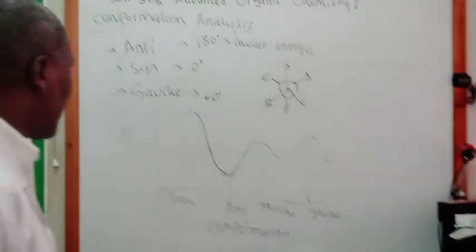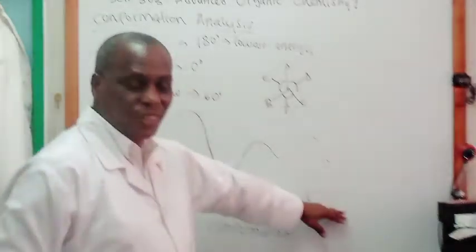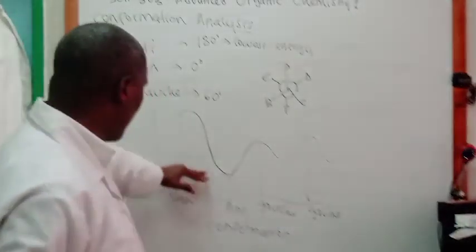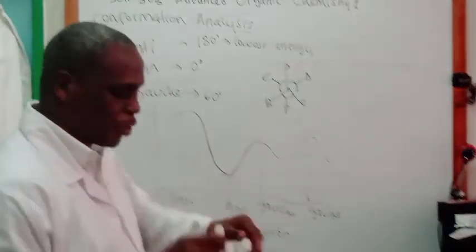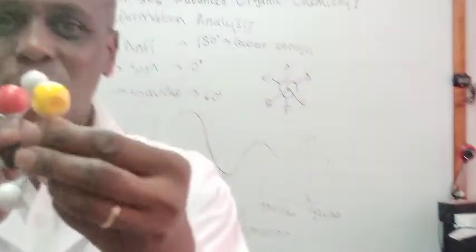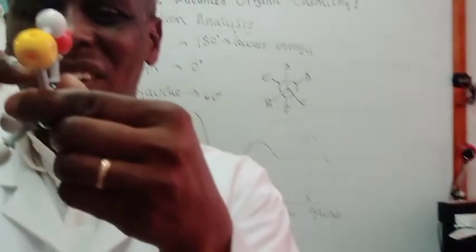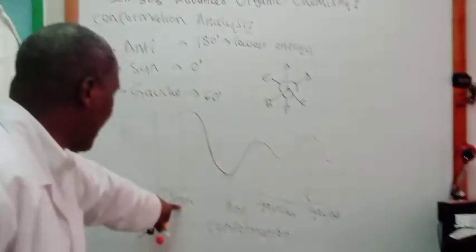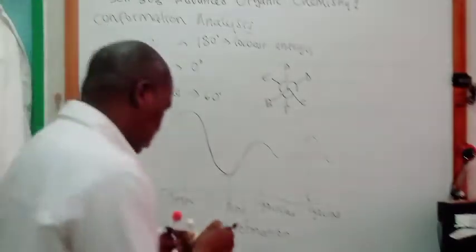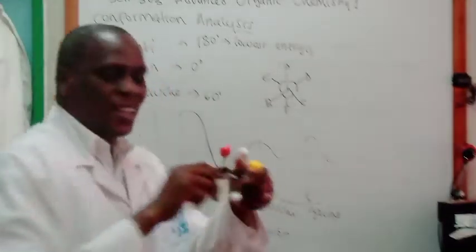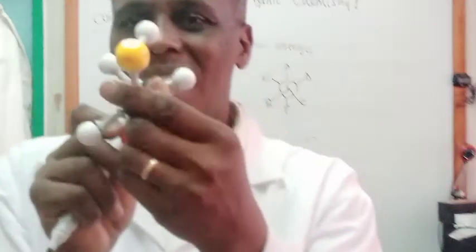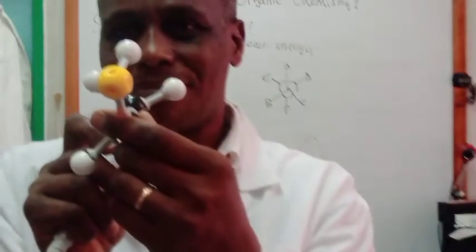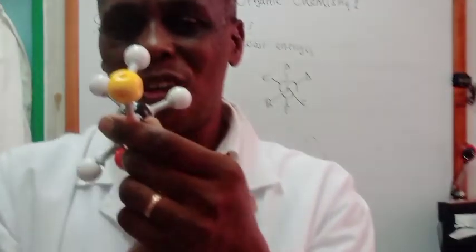So there are a number of gauche conformations, and then there is only one or maybe two syn conformations in which the bulky groups are facing one another. That's the syn. And the anti is when the bulky groups are away from each other. Are you okay on that? They are going to be away from you.